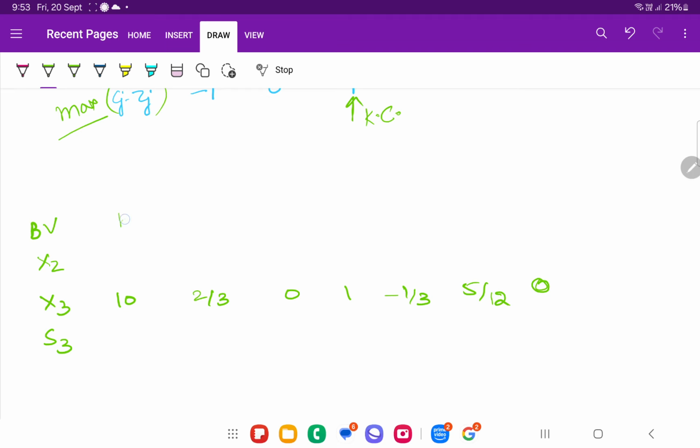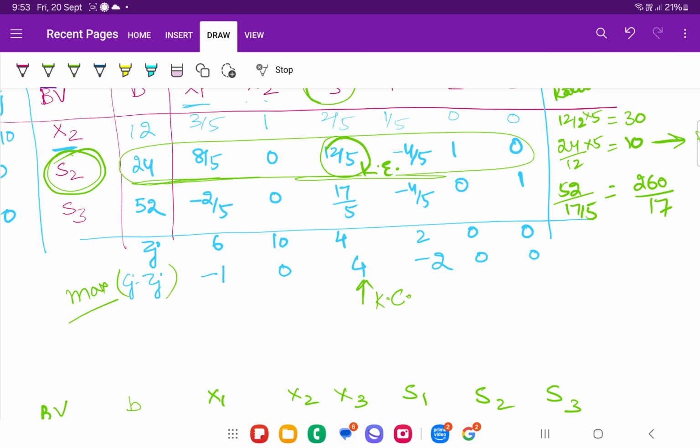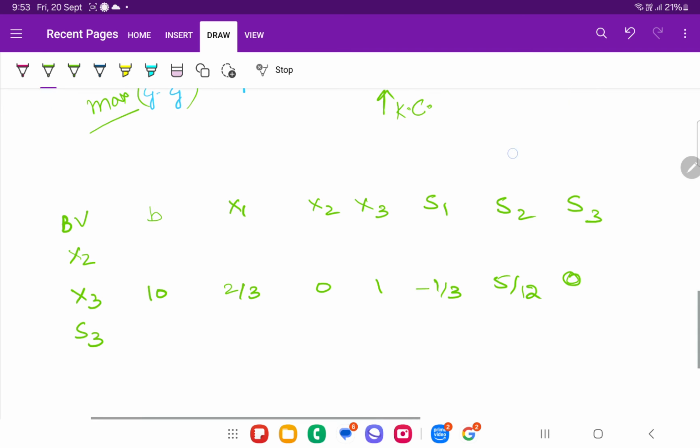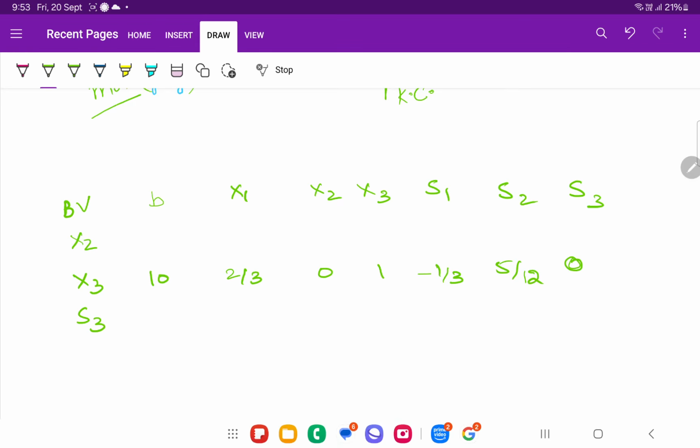I'll write down the columns here: B, x1, x2, x3, s1, s2 and s3. So this is for the new values of the key row. As you can see, I have divided by 12 by 5, 12 by 5, 12 by 5. Now the same method we will follow for x2 and s3.